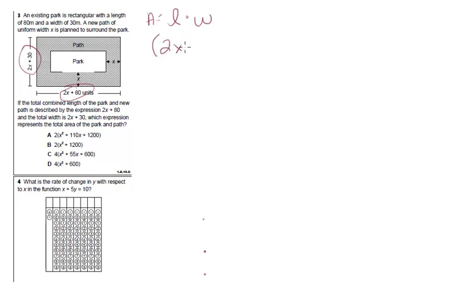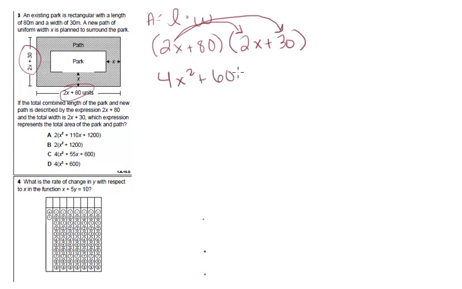I'm going to multiply 2x plus 80 times 2x plus 30. And so then we'll use FOIL to multiply these. And we can combine these inner terms here.